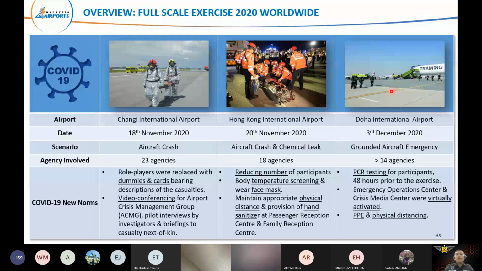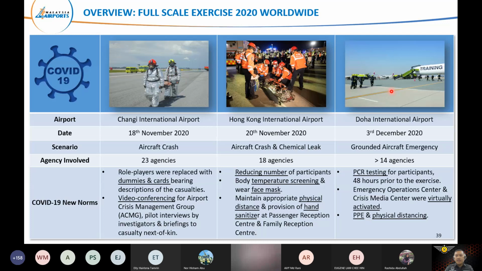So other parts of the world are still conducting full-scale exercises. This year, Malaysia Airports, specifically KL International Airport, will organize the full-scale exercise scheduled in August, inshallah. If the situation permits, then we will execute the full-scale exercise in August.